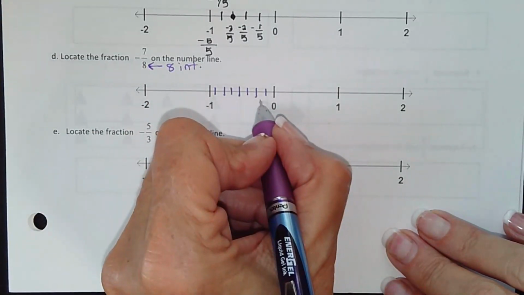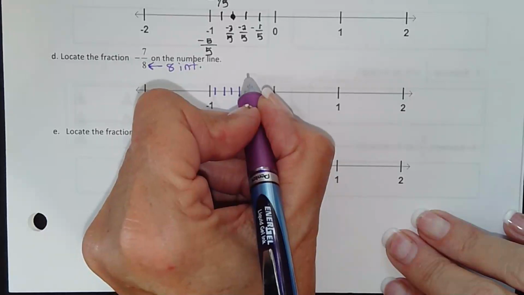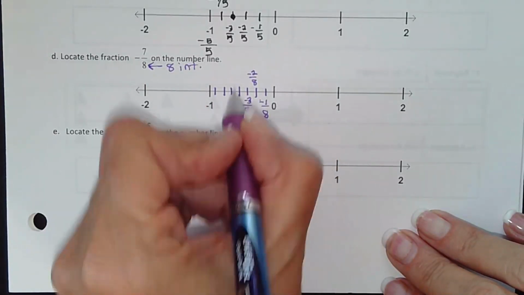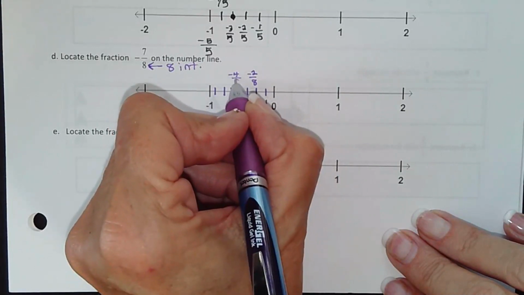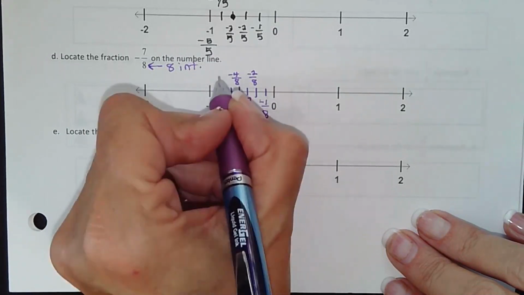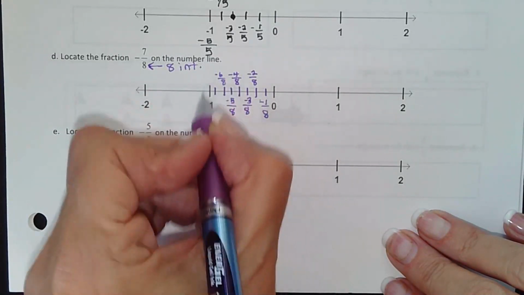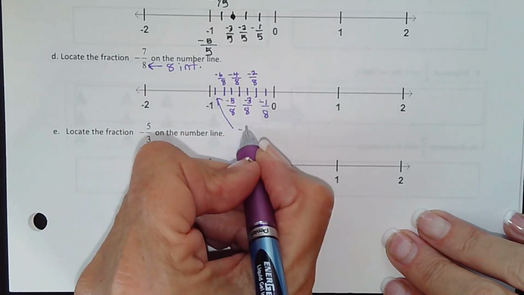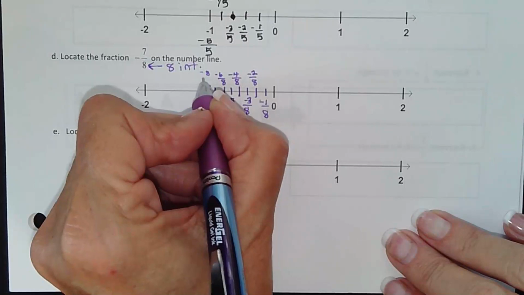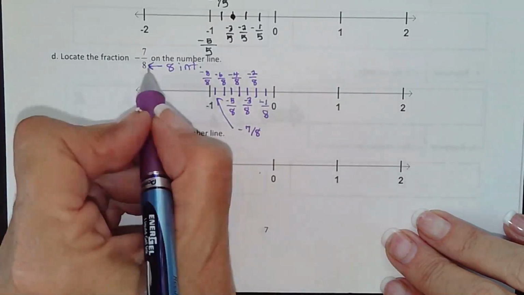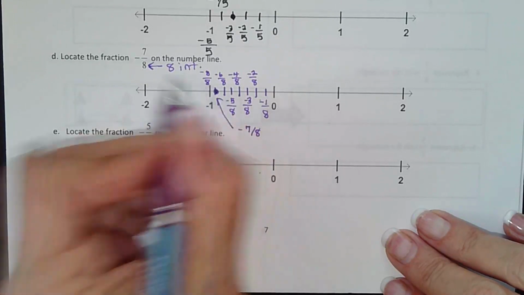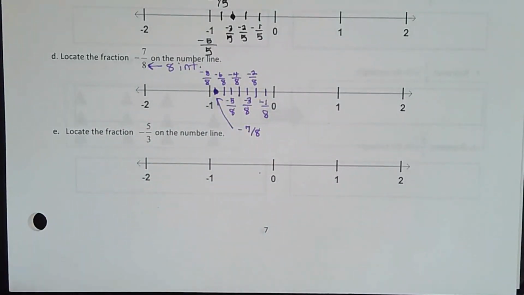So I think I'm going to alternate -1/8, -2/8, -3/8, -4/8, -5/8, -6/8, -7/8, and -8/8, which is -1, and this wants me at -7/8, which will be right there. Gotta write pretty small to fit all that in.